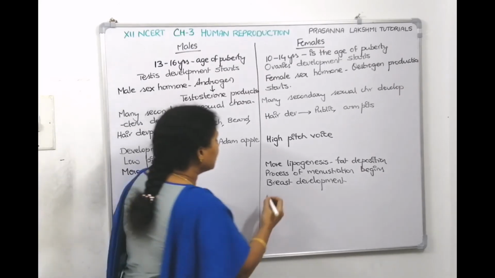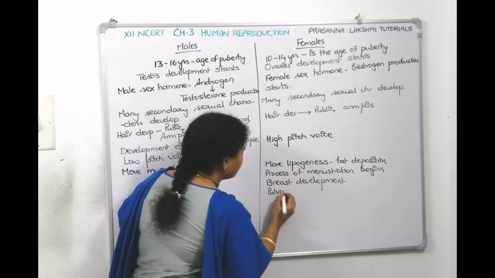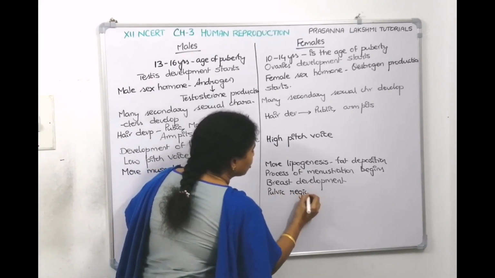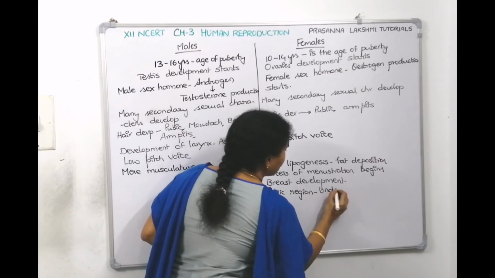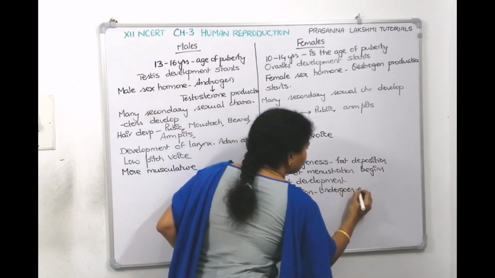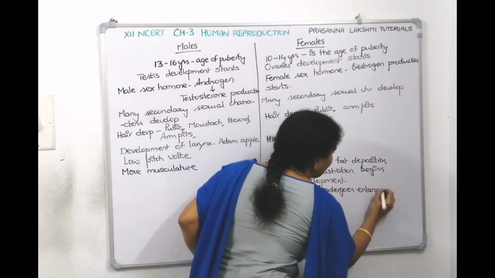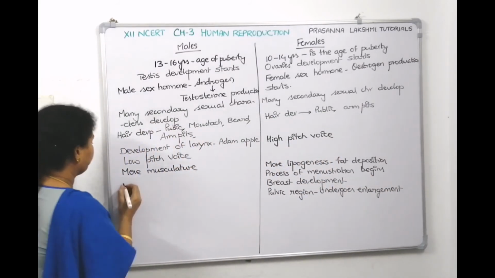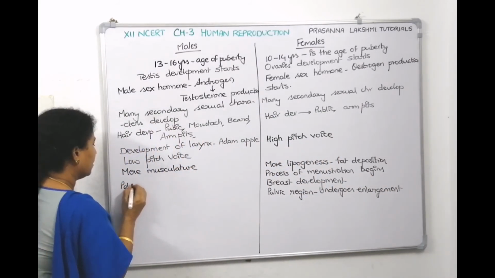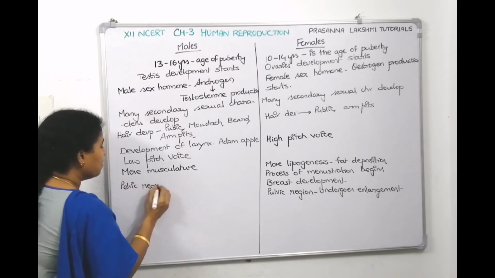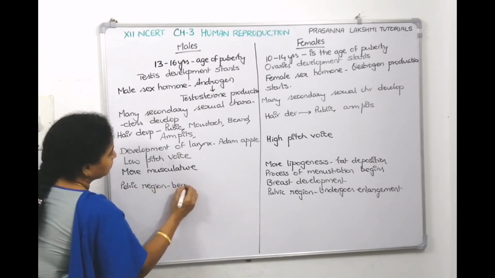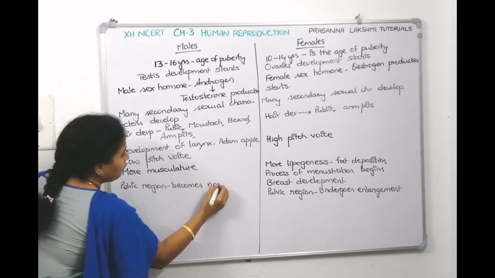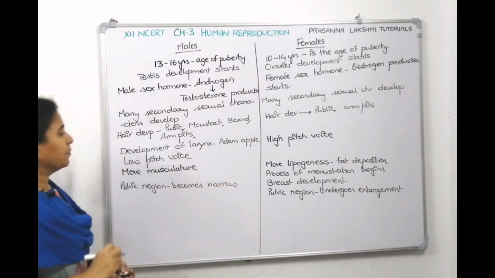So in females, the pelvic region undergoes enlargement, whereas in males, the pelvic region gets narrowed. In females, we are telling it becomes broad, right?